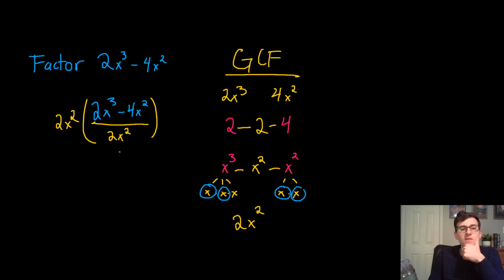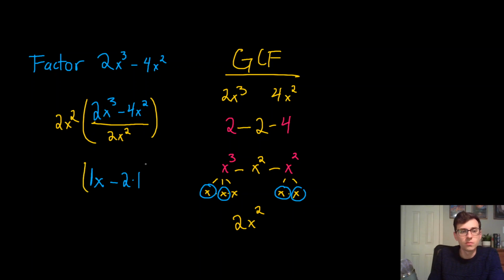Okay, 2x cubed divided by 2x squared. Well, 2 divided by 2 is 1. x cubed divided by x squared is x. Minus 4 divided by 2 is 2. x squared divided by x squared is 1.